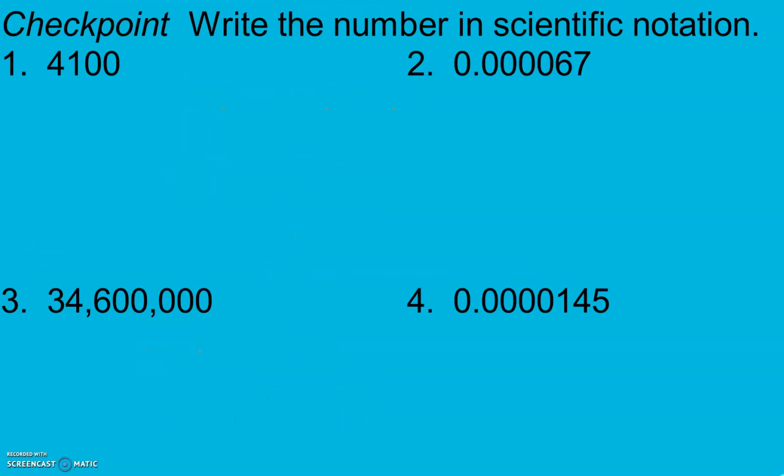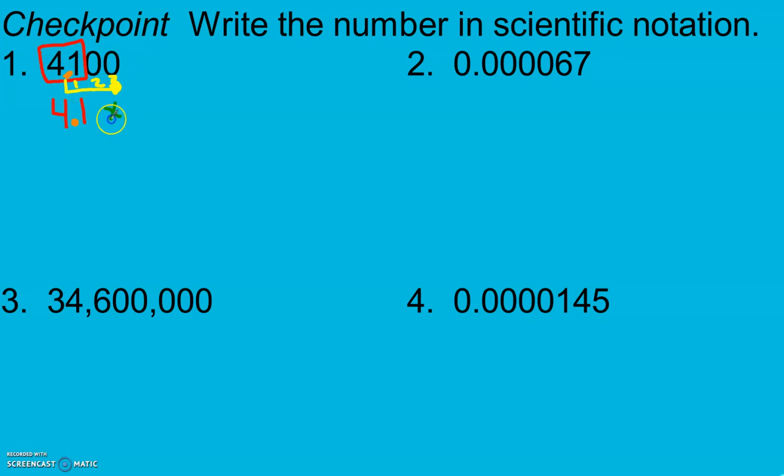Feel free to pause here and give this a try if you'd like. We're going to write these numbers in scientific notation. So the 4 and the 1 are what I'm going to worry about. We want exactly one number in front of our decimal. Here I'd have to move it 3 places. 1, 2, 3 to get back to where it was.